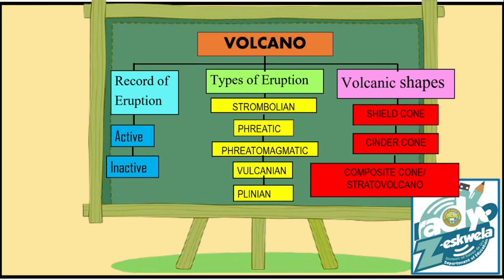Volcanoes are classified according to its record of eruption, according to its volcanic style, and according to its volcanic shape. First, we talk about the classification of volcano according to its record of eruption. Volcanoes are classified as either active or inactive volcano.